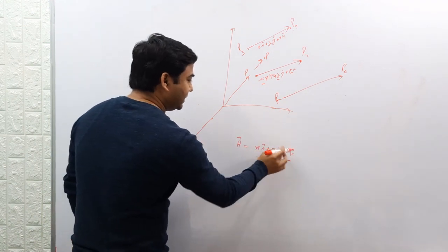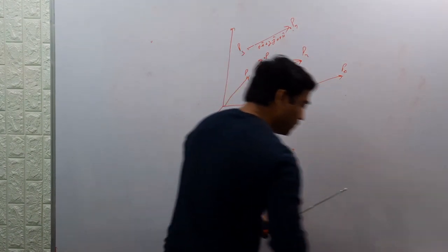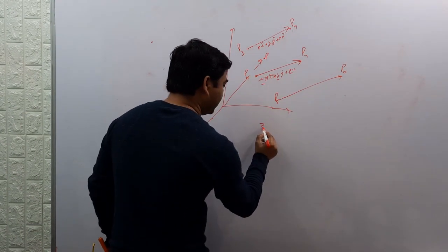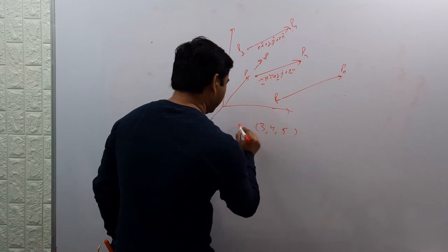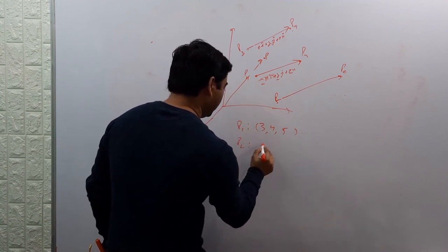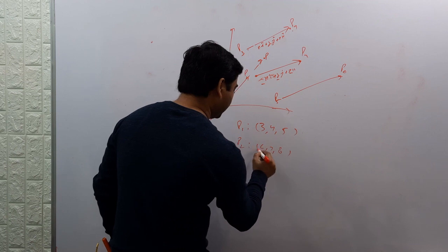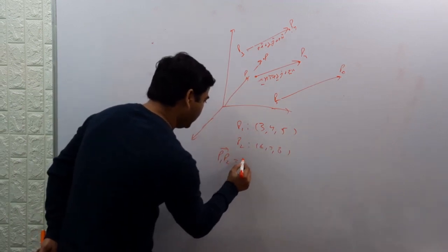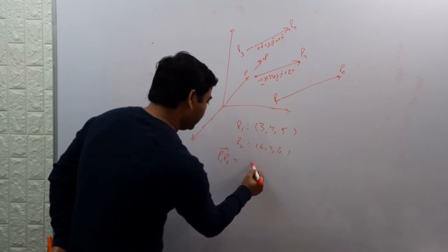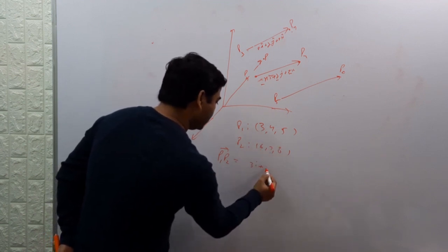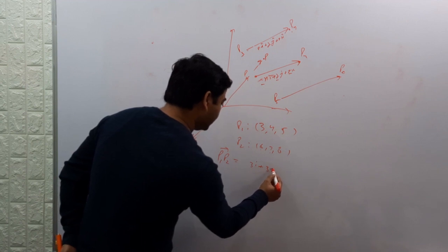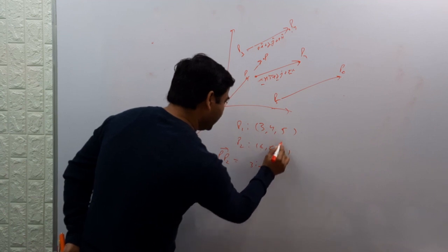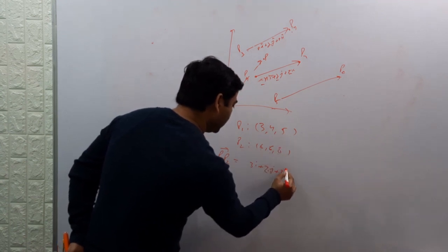Suppose we found x, y, z. For example, let there be two points: P1 is 3, 4, 5 and P2 is 6, 7, 8. So vector P1P2 is equal to (6 minus 3)i, which is 3i, plus (7 minus 4)j, which is 3j, plus (8 minus 5)k, which is 3k.